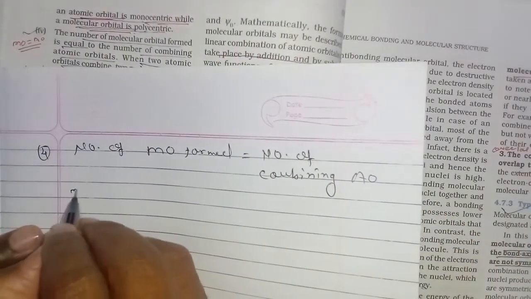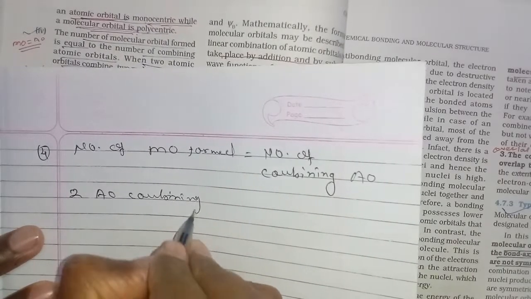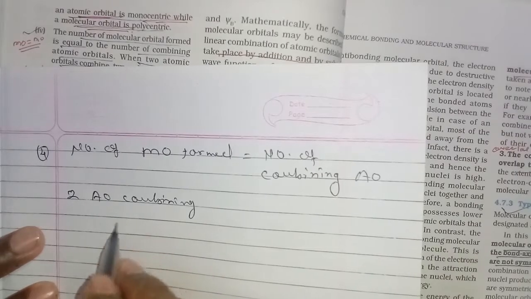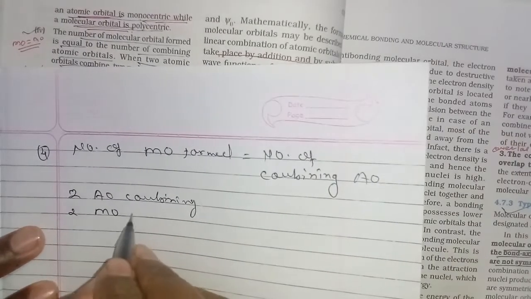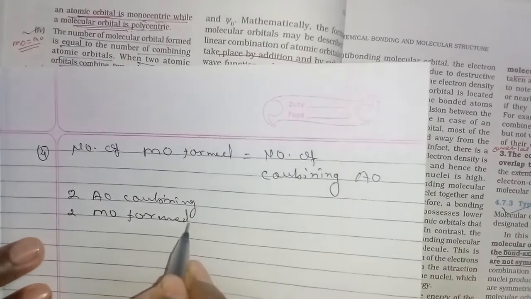If two atomic orbitals combine, two molecular orbitals are formed.